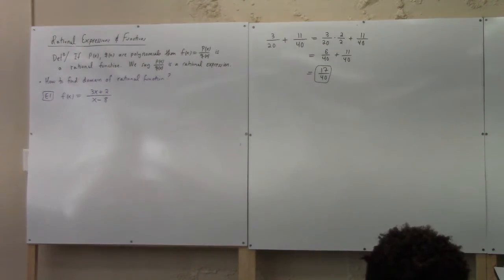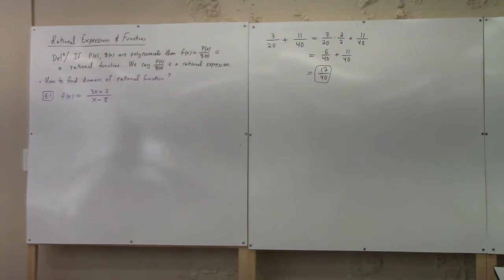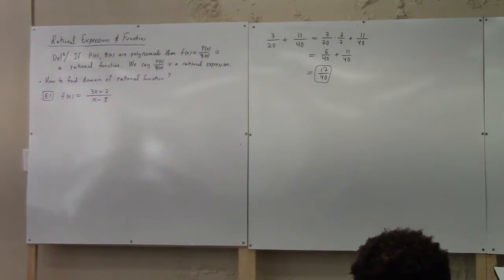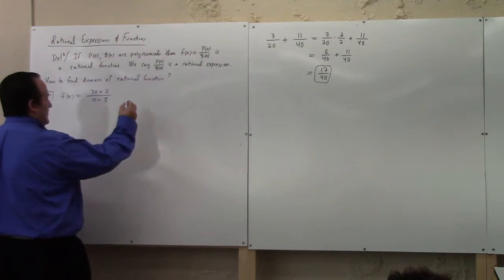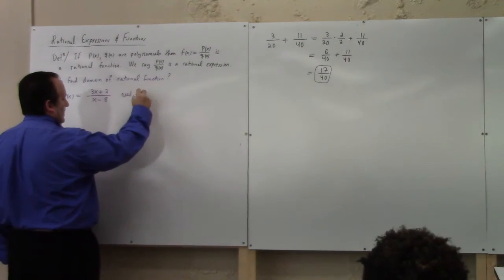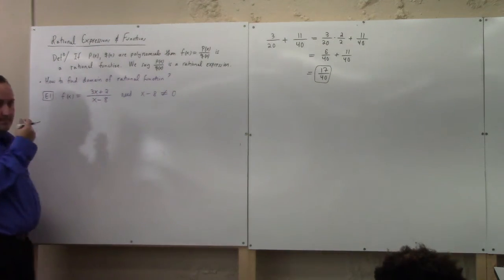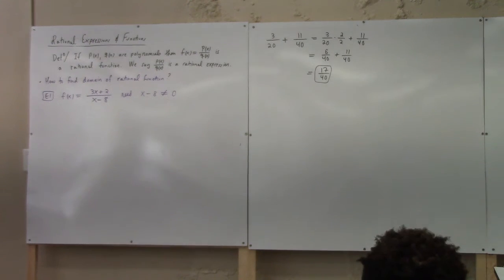What can we not divide by? We can divide by anything except for one thing, right? We cannot divide by 0, right? So we need x minus 8 not equal to 0, right? So we have to throw out 8.